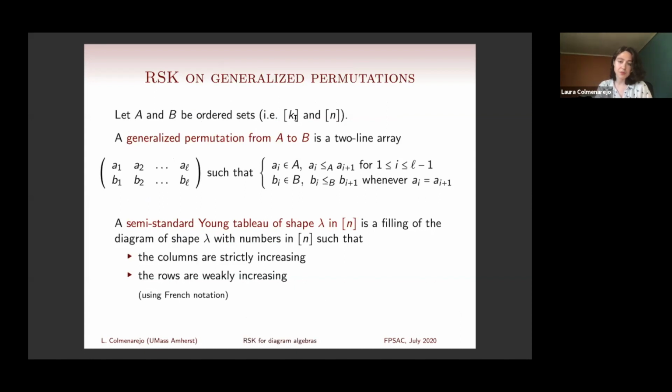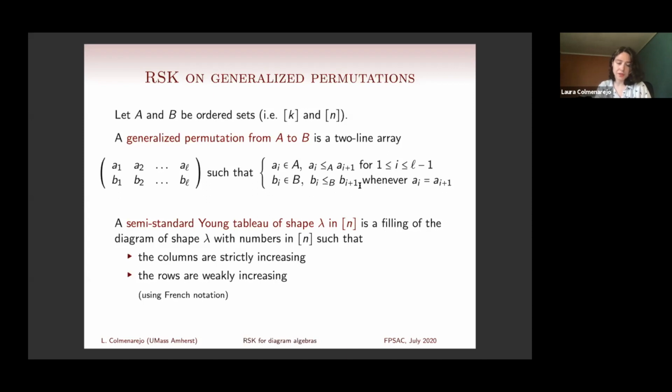In the previous slide, these correspond to K and N. I define a generalized permutation from A to B as a two-line array, with elements of A in the first row and elements of B in the second row. I order it in such a way that the elements in A are weakly increasing, following the order of A. Every time we have two equal elements on the top row, I order them with respect to the order in B.